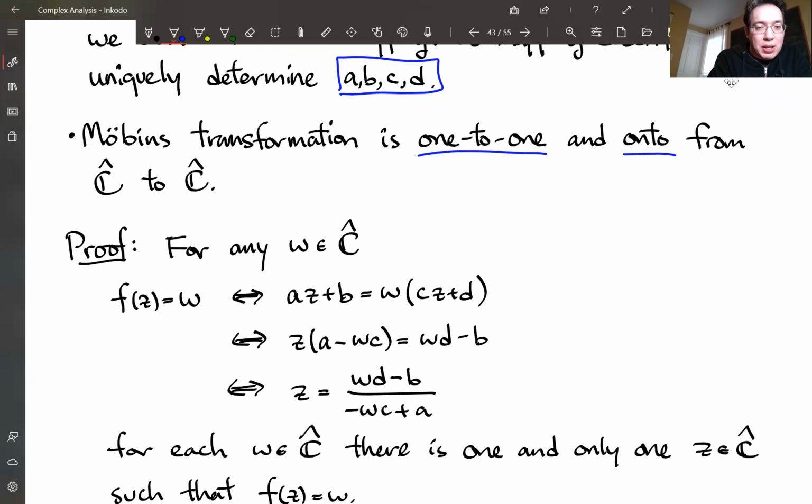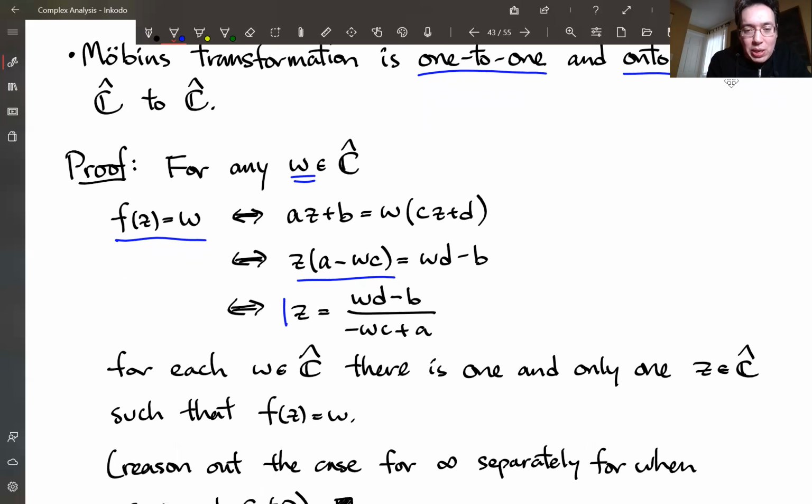So for any output w, we set the function equal to w, multiply the denominator to the right-hand side, and then collect all the z's on the left-hand side, then divide. So we can compute the input that gives the desired output w. This is the inverse function.